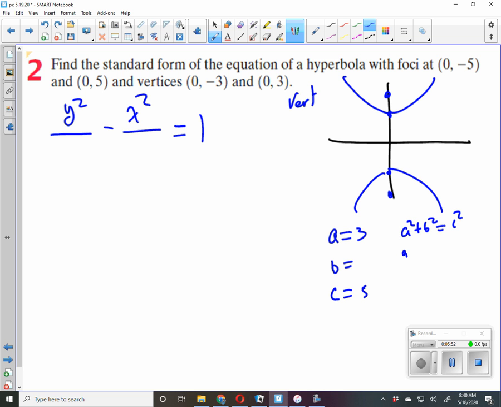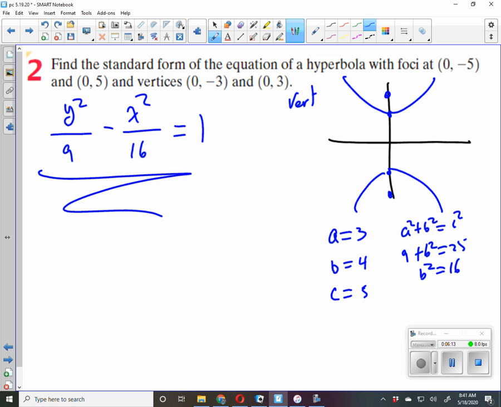So if we plug those in, 9 plus b squared equals 25. We get b squared equals 16, or b has to equal 4. That means we're going to go 9 and 16. There's our equation in standard form.